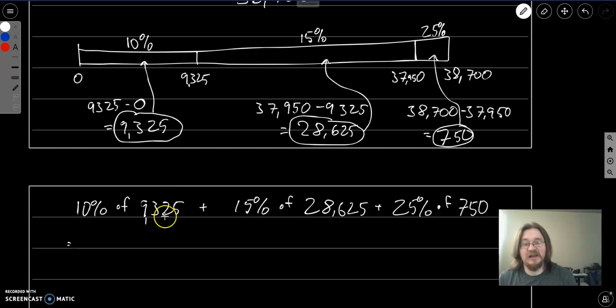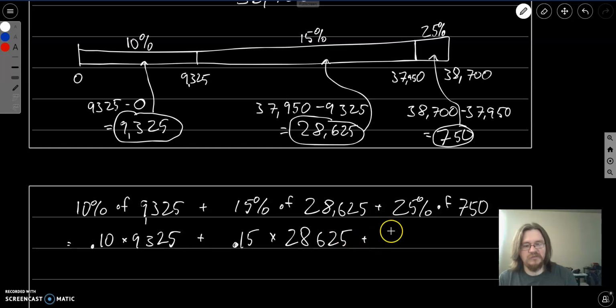So 10% of a number is just going to be 0.10 times that number. We have to turn the percents into decimals. 15%, that's going to be 0.15. Oops, that's not what I want. 0.15 times 28,625 plus 0.25 times 750, and this is just something that we'll have to plug into decimals.